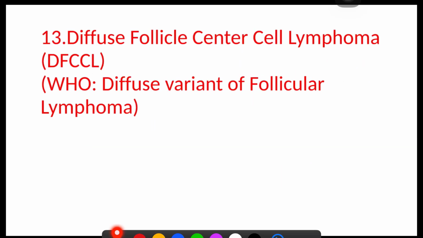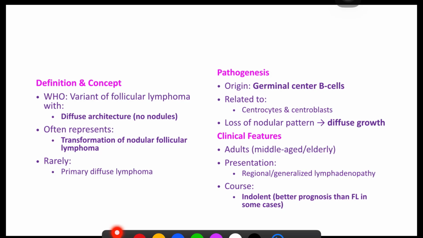Now, another is the diffuse variant of follicular lymphoma, which was previously known as diffuse follicular center cell lymphoma. It represents transformation of nodular follicular lymphoma, and rarely it may present as primary diffuse lymphoma.